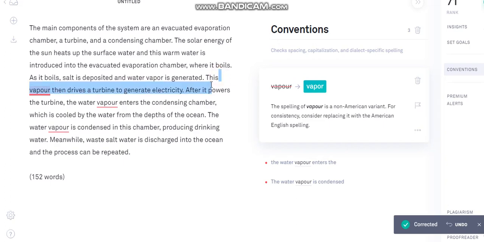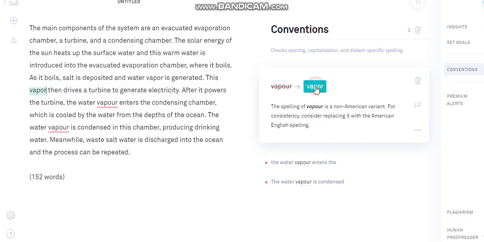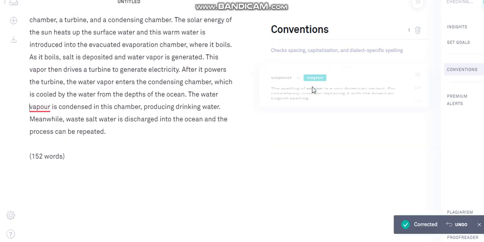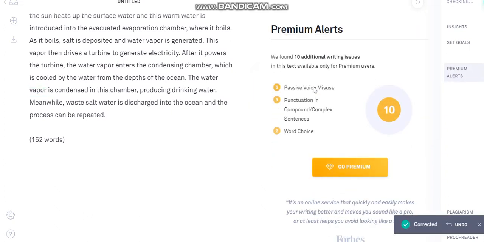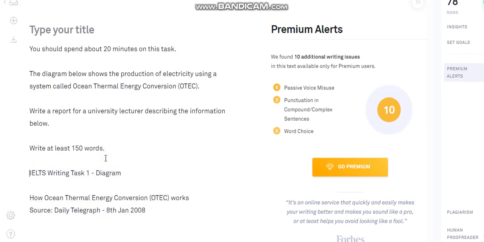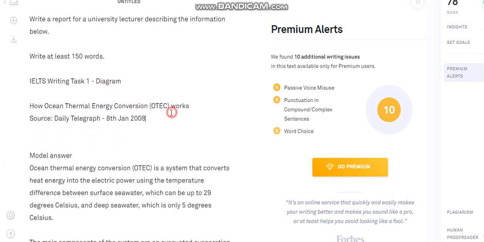This vapor, okay, the same, and the same. Okay, these are not very major mistakes, I guess. Sources: Daily Telegraph.